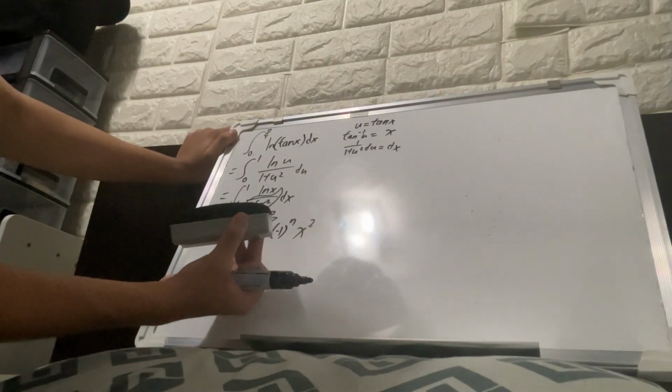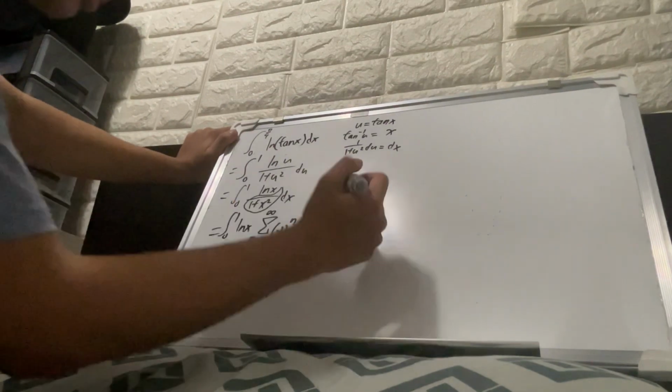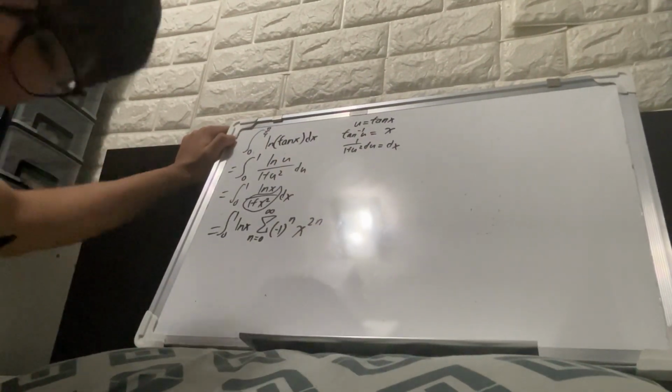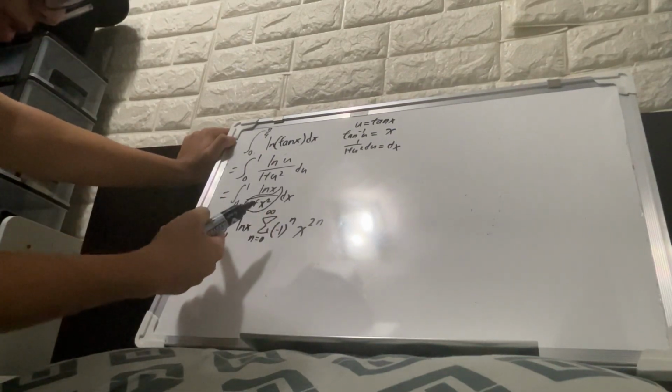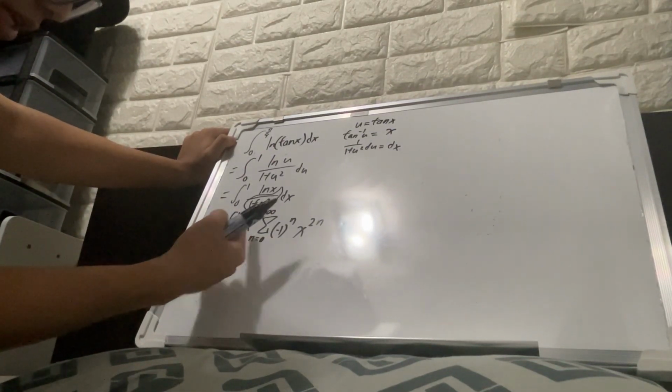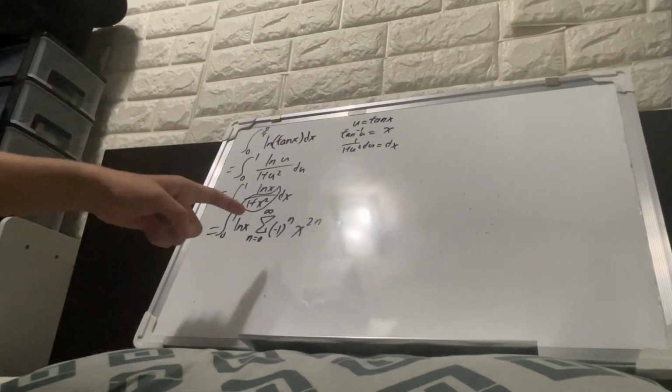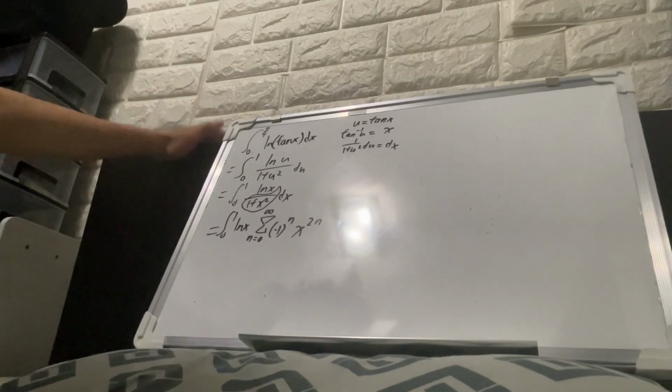This is also a dummy variable. I would like to use n here. So here's the deal. We can first put the constant inside, and then I think we can just flip it.